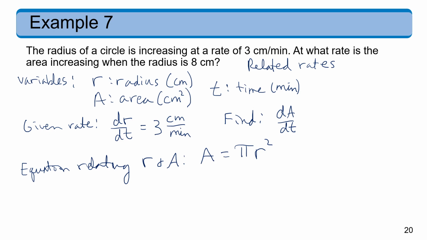If it's something that's not as well known as, say, a circle, I would just provide the formula to you. But you should know area of a circle, perimeter of a circle, area of a square or rectangle, that type of thing. Okay, so now that we have our equation, we use implicit differentiation.